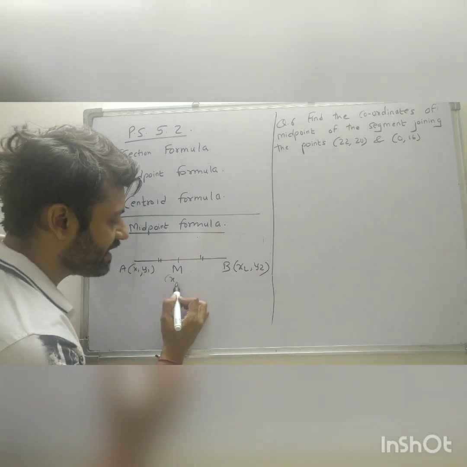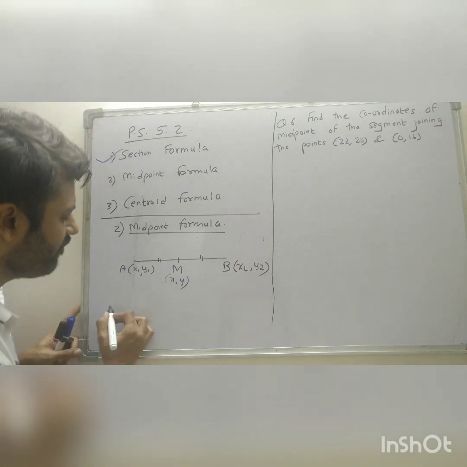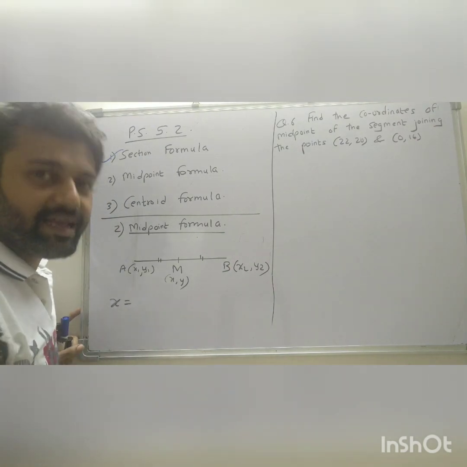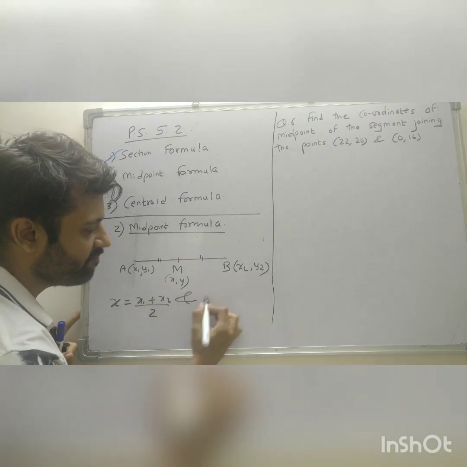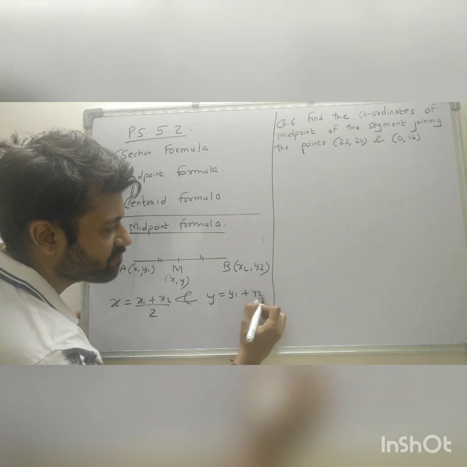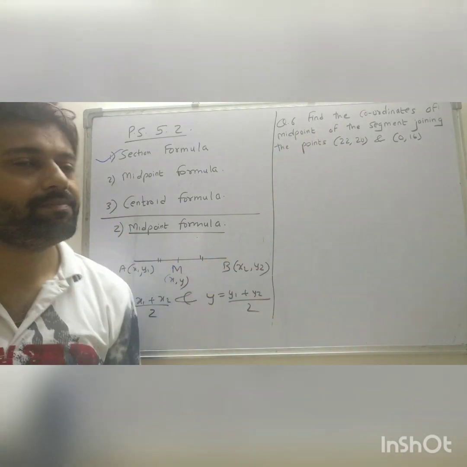Say the coordinates are x, y. Then we can find the value of x and y with the help of a very simple formula. x is equal to x1 plus x2 upon 2 and y is equal to y1 plus y2 upon 2.